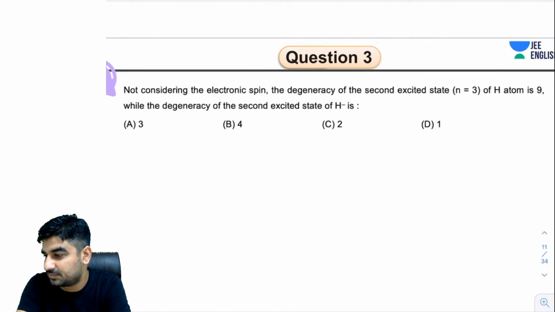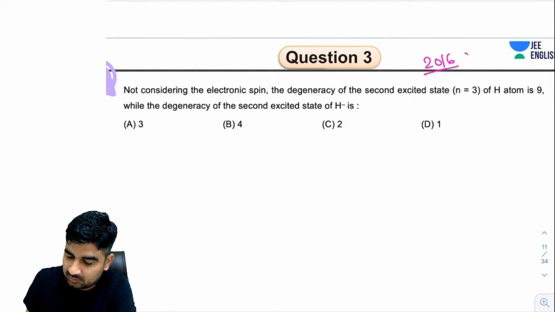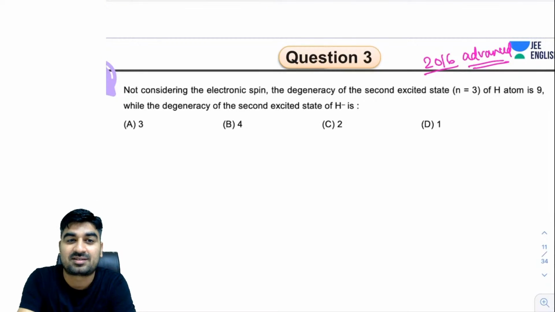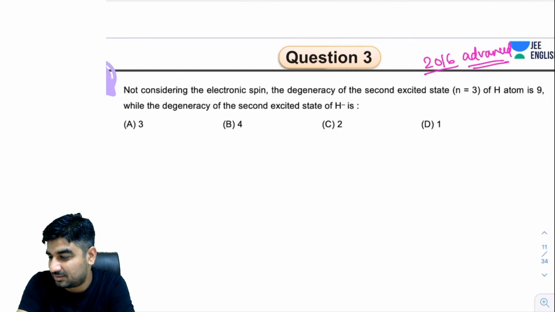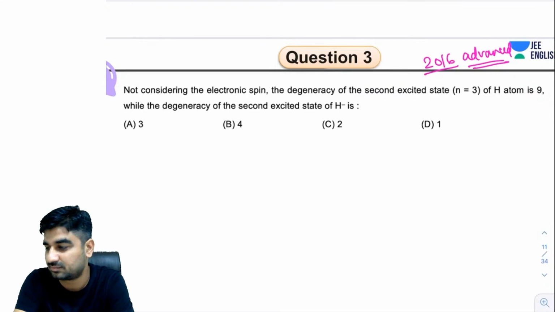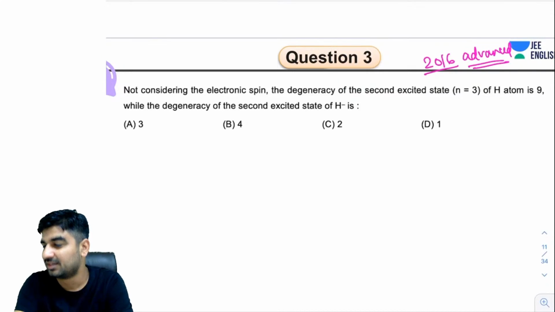Yes, solve it. So don't fluke. Let me see who gives the correct answer.